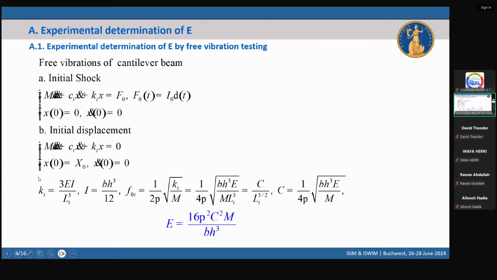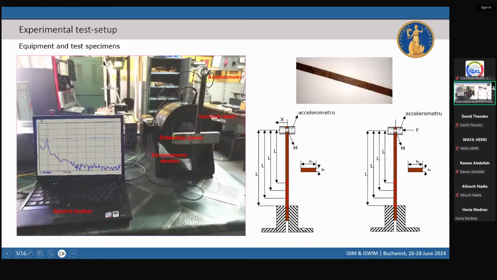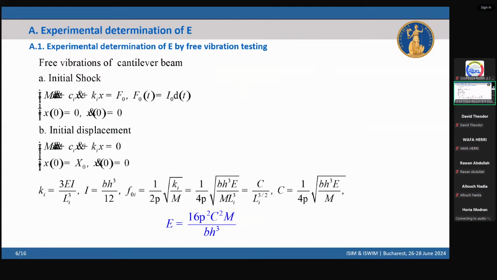Here are the equations and values involved in this determination.